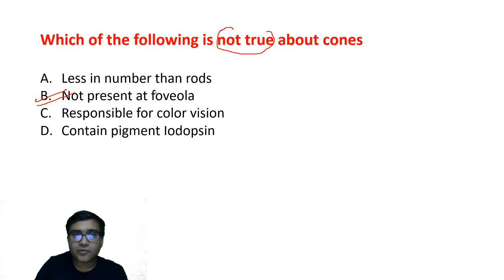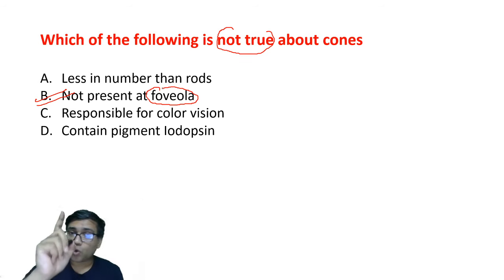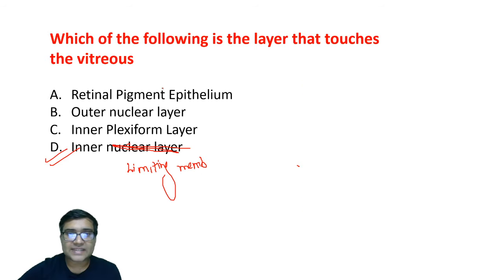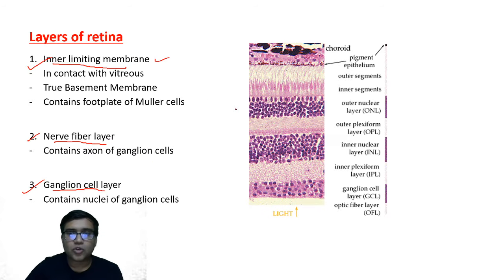Remember, the fovea is a very thin part of the retina. After the ora serrata, the fovea is the thinnest part of the retina. In this part, which is the thinnest part, this is the fovea, and here there are no layers of the retina except the cones. So at the fovea there are only cones.